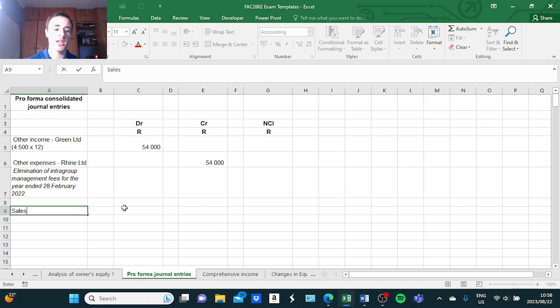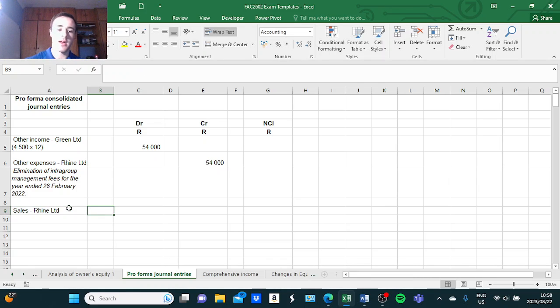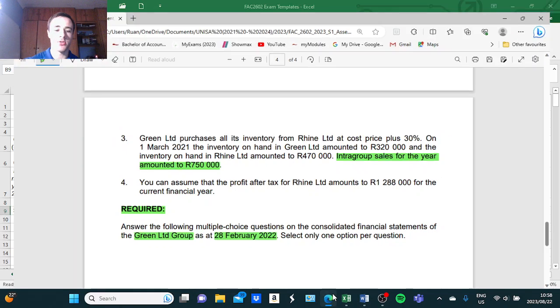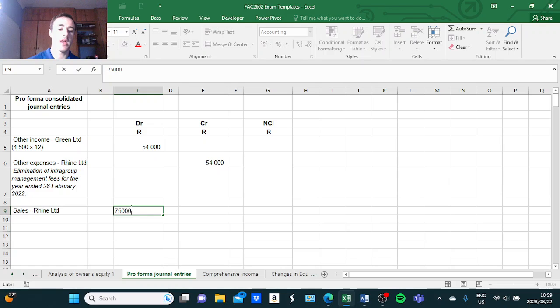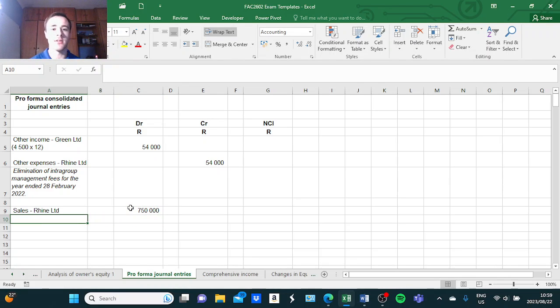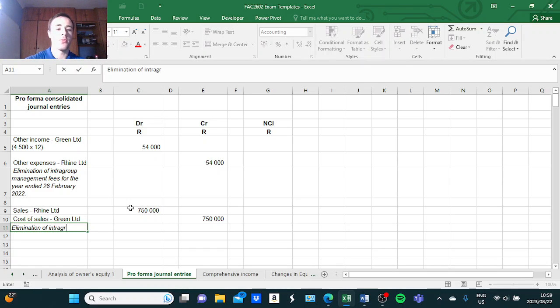So to eliminate intergroup sales, we will debit sales for Rhine Limited the amount that's been given as 750,000, and at the same time we will credit, or decrease, cost of sales for the company that purchased the inventory. So credit cost of sales for Green Limited, 750,000. This is the elimination of intergroup sales for the current year.